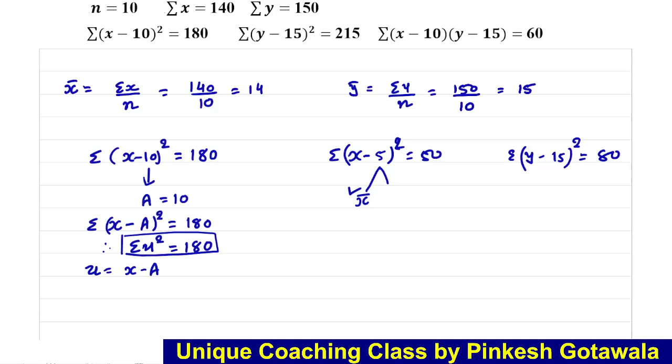And here this 15 does not match with y bar. So now what to do? In this situation, x bar matches, but in the second, y bar does not match. So here y bar does not match, it means this is a B. If y bar does not match, then it would be B. So in such a situation, what to do, when in one the mean matches and in the other the assumed mean matches? This kind of situation has come.